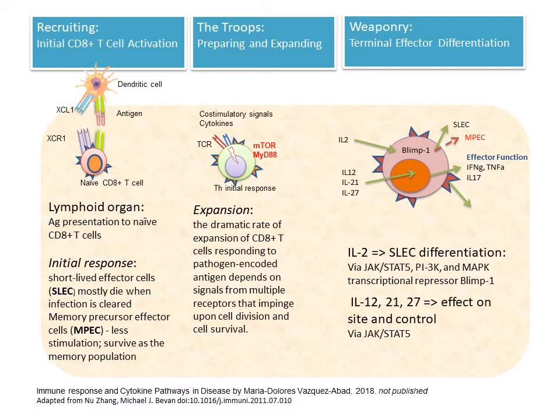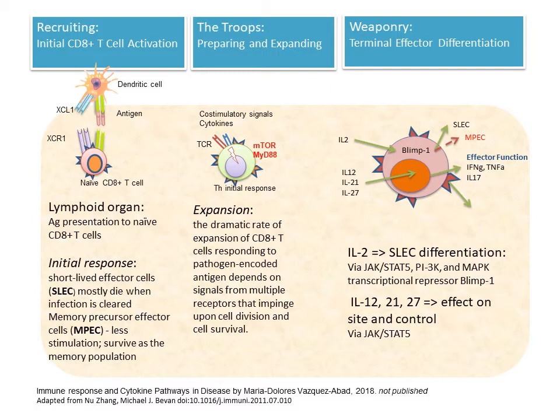On the other hand, if it's driven by IL-21 or interleukin-21, it will trigger basically an IL-17 or Th17 response. IL-27 I will mention later because this is a very important pathway that will trigger a control signal by basically secreting interleukin-10. But I'll talk about this at the end of this presentation.